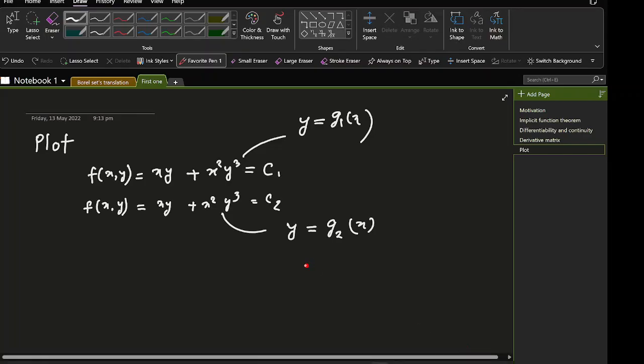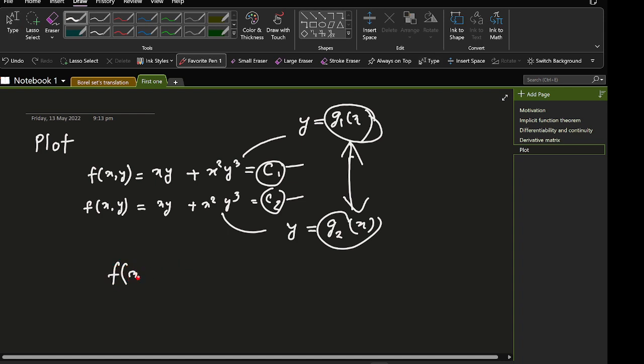Now before actually plotting the functions, we need to clarify why we call the functions g1 and g2, which satisfy two different equations, that is equations that occur for two different constants, a family of curves. Why are g1 and g2 a family of curves? That means they are non-intersecting.